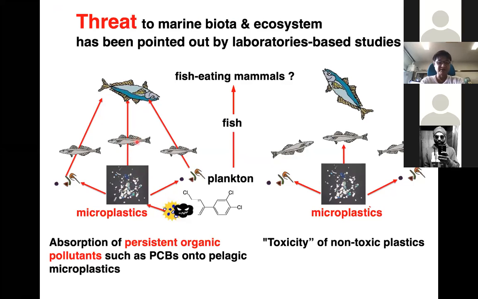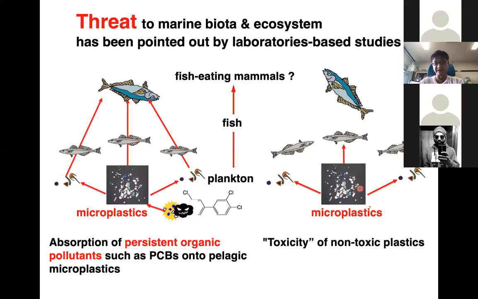Thereafter, the POPs, persistent organic pollutants, move from the plastic surface to the body of marine biota. This is one of the threats that we may encounter at the present time and in the future.